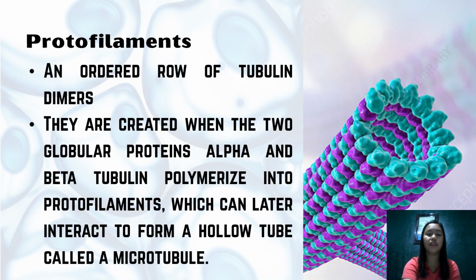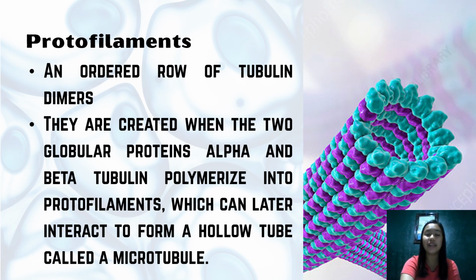Now, we move on to protofilaments. Protofilaments are crucial in the formation of microtubules, resulting in the orderly arrangement of tubulin dimers composed of the proteins alpha and beta tubulin. The polymerization of these dimers forms protofilaments, which align seamlessly to create a linear structure.